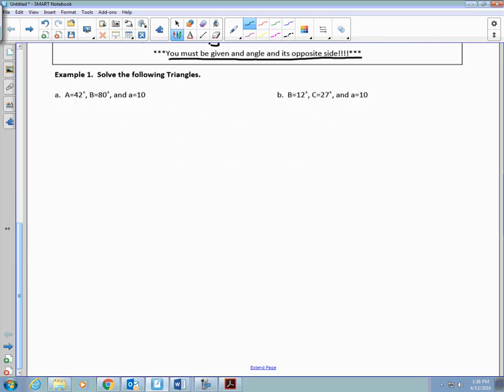This is what you're going to be doing during this entire unit. I'm going to write A, B, C, little a, little b, little c. Angle A is 42 degrees.